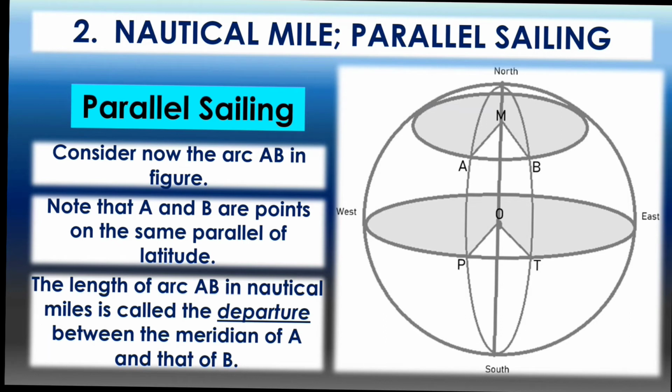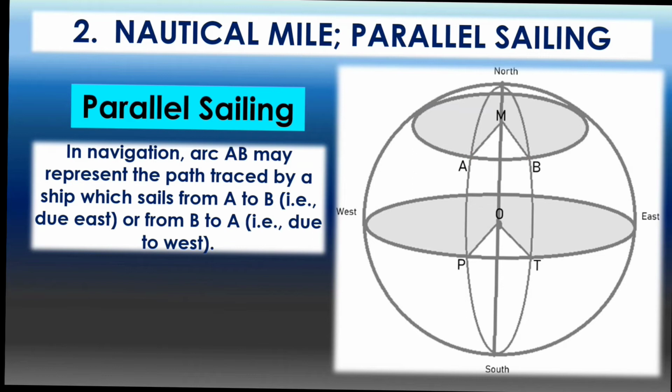It is said that the length of arc AB in nautical miles is called the departure between the meridian of A and that of B. Since these two have the same latitudes, we can get the departure, denoted by D. Departure is the length of the arc AB.